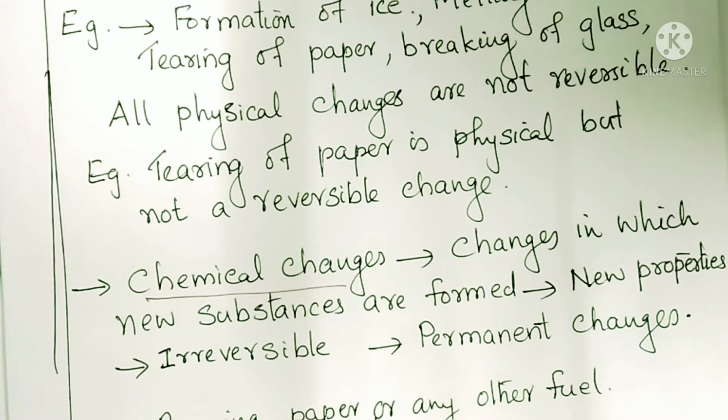Children, you will be surprised. You might have heard about oxygen. Oxygen is used for breathing. Oxygen is a gas, and hydrogen is another gas. When we combine oxygen and hydrogen, we get water. You have learned that oxygen helps in burning.